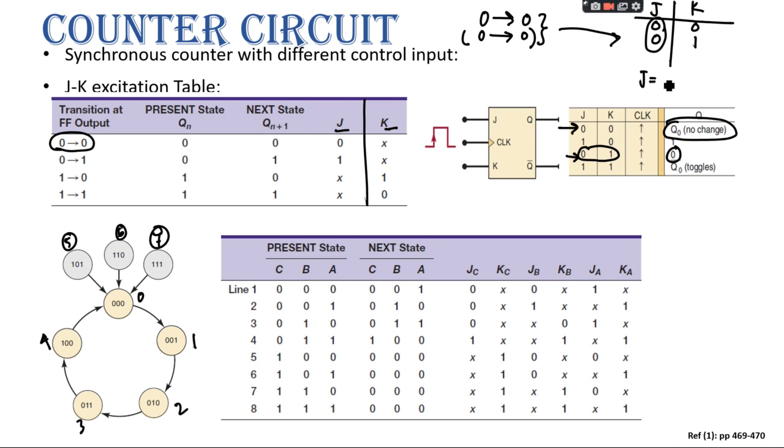J value should always be 0 and K value can be either 0 or 1. So we can say J value should be 0, K value can be don't care, right? So here it is showing like that. If my present state is 0 and next state is 0, we can use these two inputs. You got my point, right?